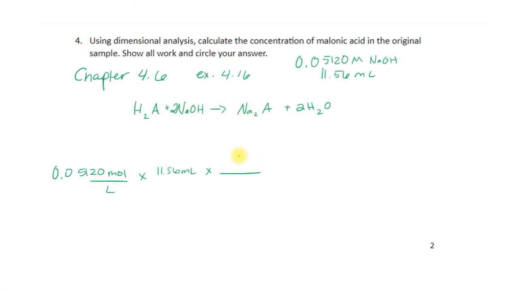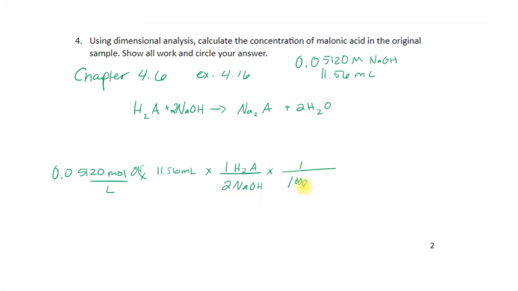It's going to be the mole ratio next. So I'm in moles of OH minus at this point. I'm trying to get to H2A. So I'm going to put 2 NaOH on the bottom and 1 H2A on the top. And then I have to also divide by the volume of acid that we put in. I like to put a 1 up there just because it makes me feel like it's a real number.